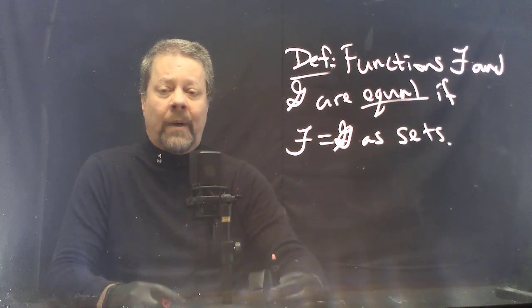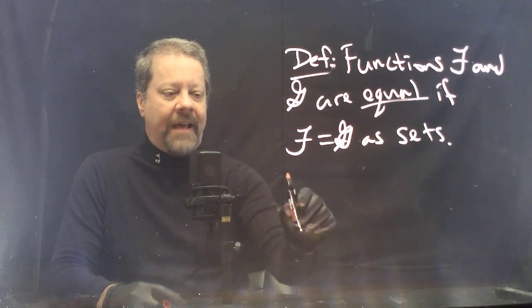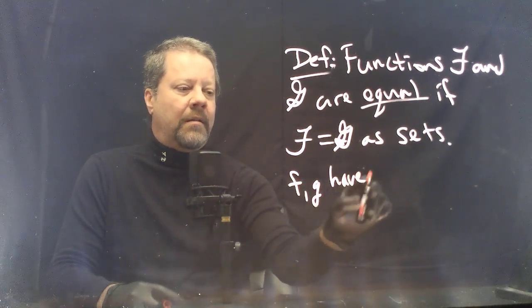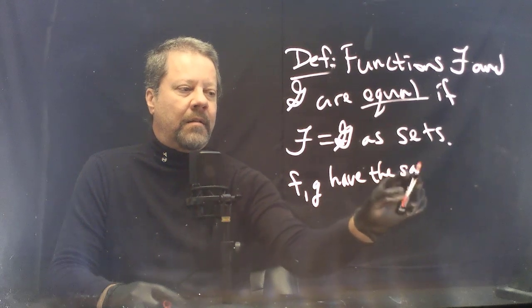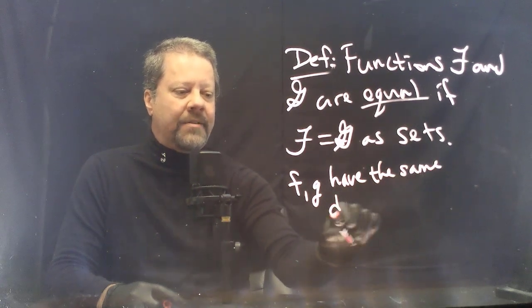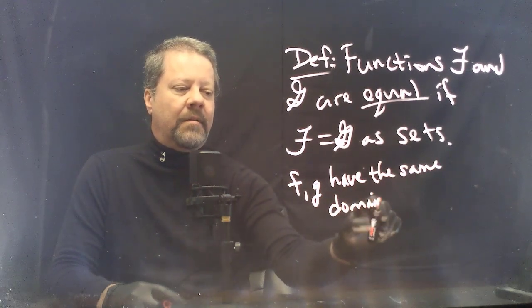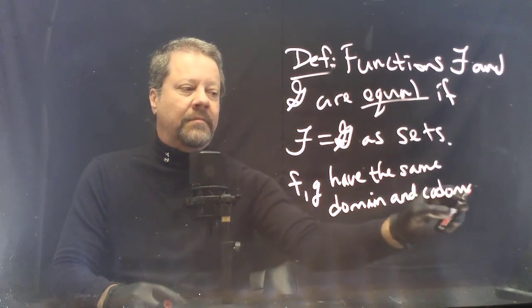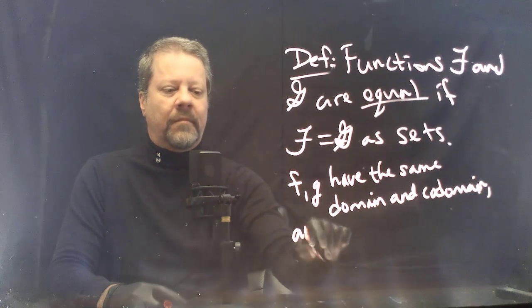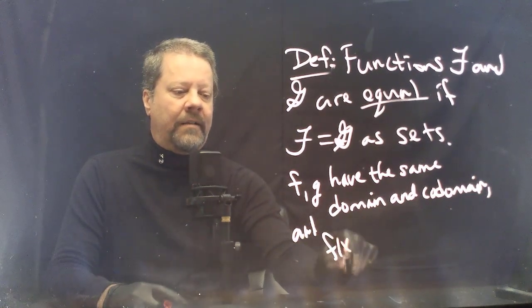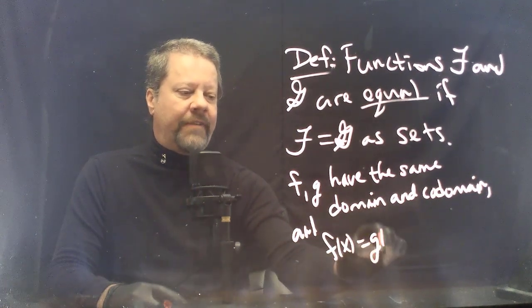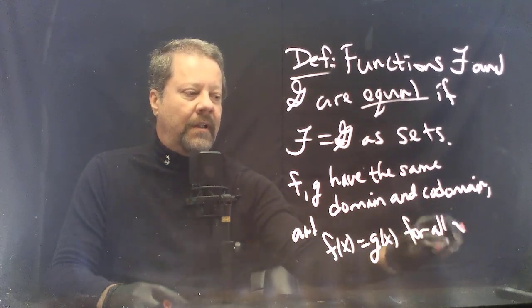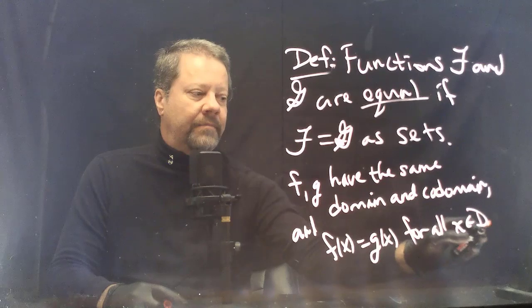Alternatively, we could require that these have the same domains and codomain, and f of x equals g of x for all x that are in the domain.